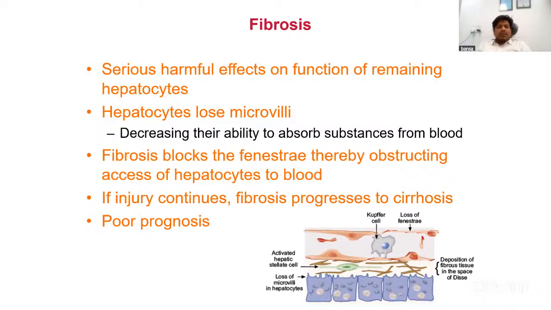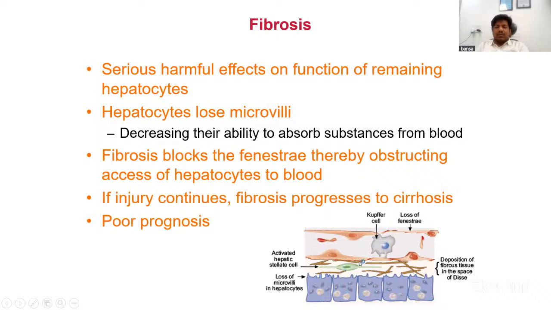This fibrosis has a serious harmful effect on the function of the remaining hepatocytes. Hepatocytes lose microvilli. As you can see in the diagram on the right lower side, this is the hepatocyte, and there is the space of Disse, where the hepatic stellate cells are.